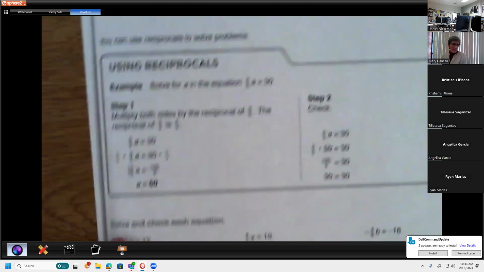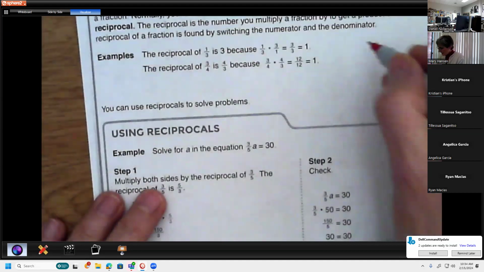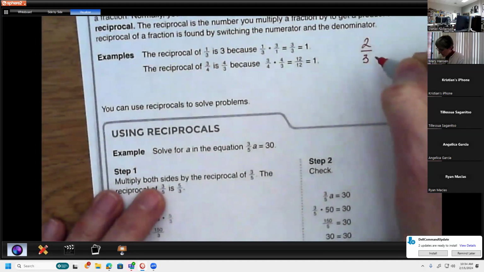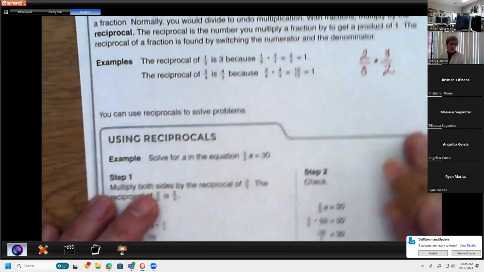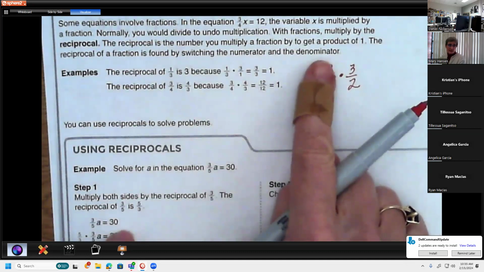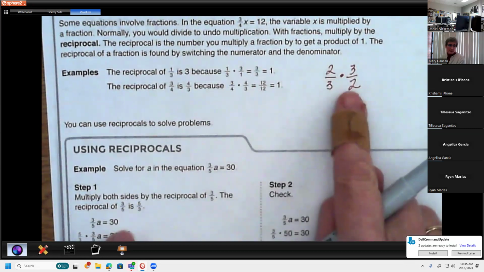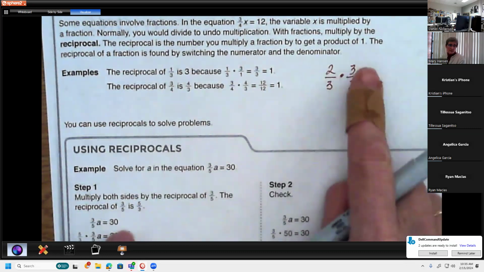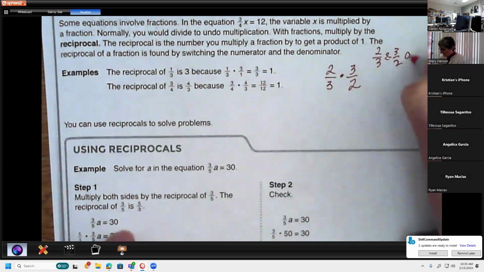We did it in the warm-up, and we talked about if I have the fraction 2/3 and I multiply that by the fraction 3/2, these are reciprocals because a reciprocal simply means I take a fraction and I flip it upside down. What was on top becomes on bottom. What was on bottom becomes on top. So these two fractions, 2/3 and 3/2, are reciprocals.